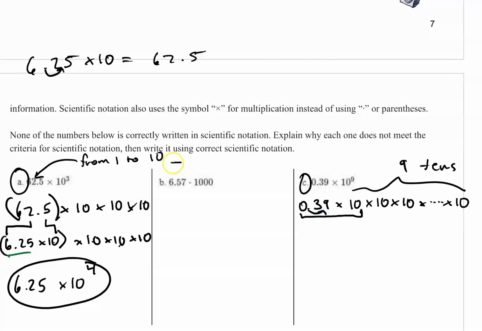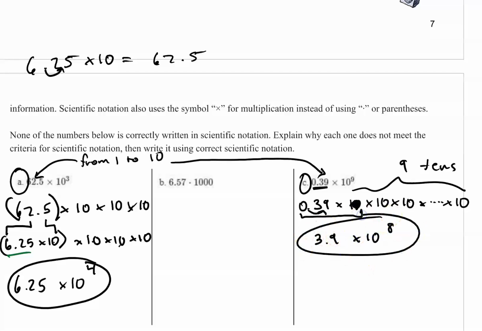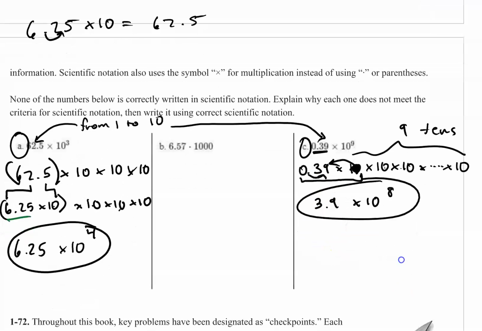And that's the problem, same problem with part A. That's not a number from 1 to 10. 0.39 is too small. Okay, so if I multiply one of them by 10, I get 3.9, and that's good. But that 10 has now been combined into the number, and there's 8 10s left. So there's still 8 10s over here. One of the 10s went to making 0.39 into 3.9.